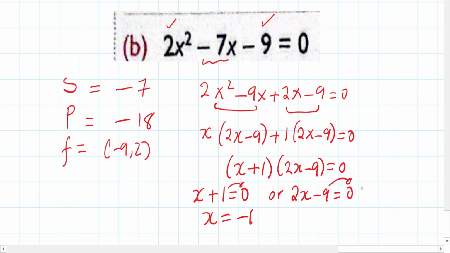If you put the negative 9 to the other side, it's going to be 2x equal to positive 9. And then if you divide by 2, you get x to be 9 over 2, or you can say 4.5.